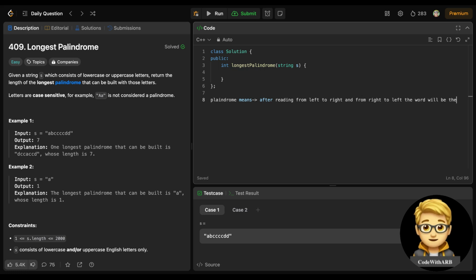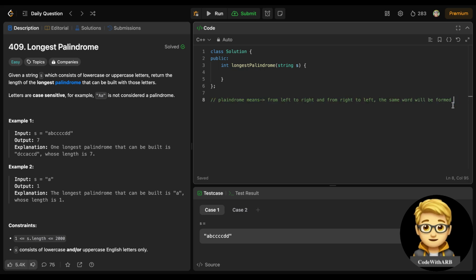So from left to right and from right to left, the word which will be formed will be the same. The same word will be formed.